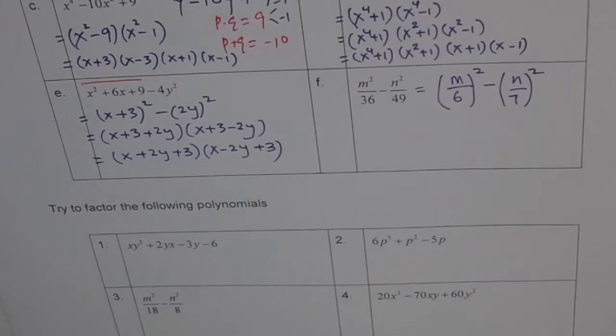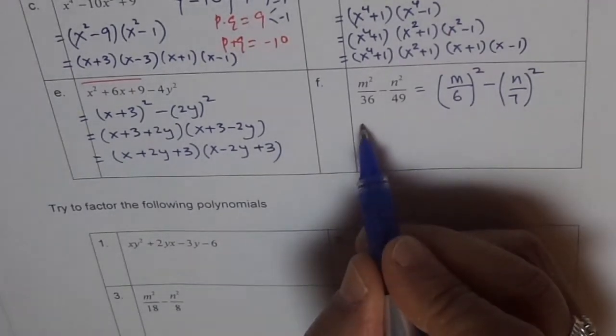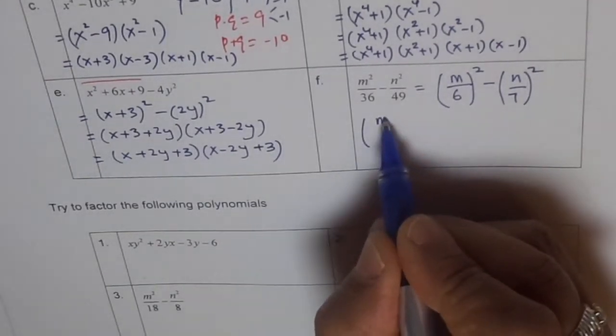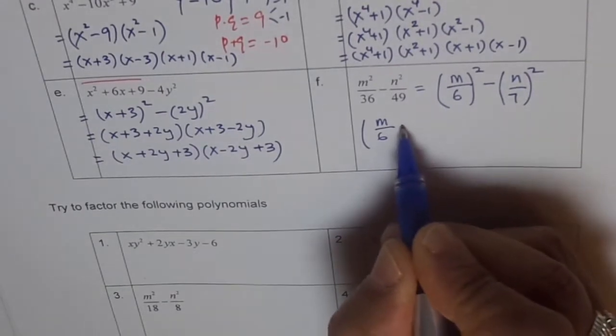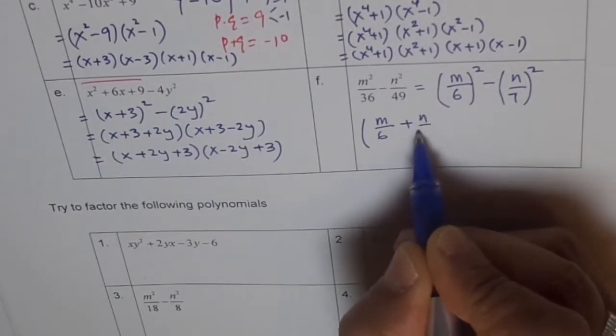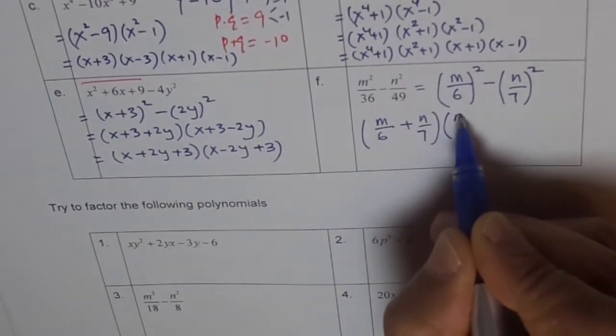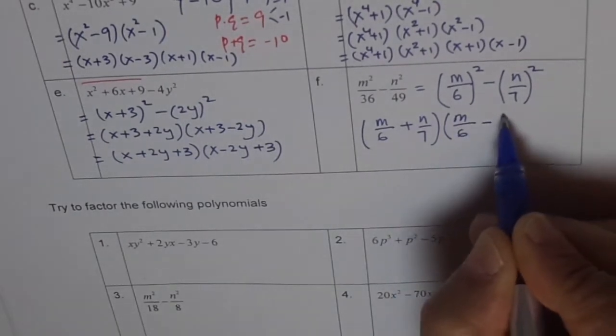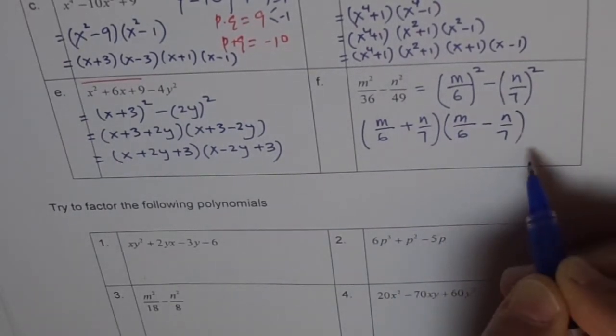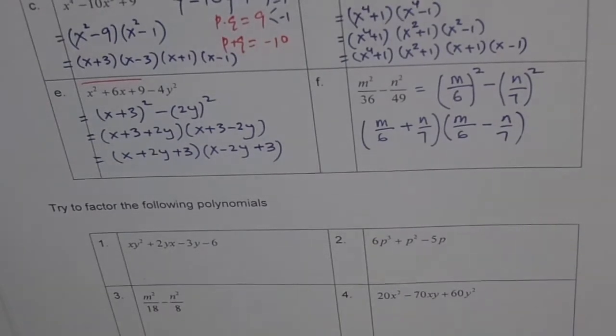Now it's just a difference of squares. So I can factor this as m over 6 plus n over 7 times m over 6 minus n over 7. Perfect? So that is how you factor these.